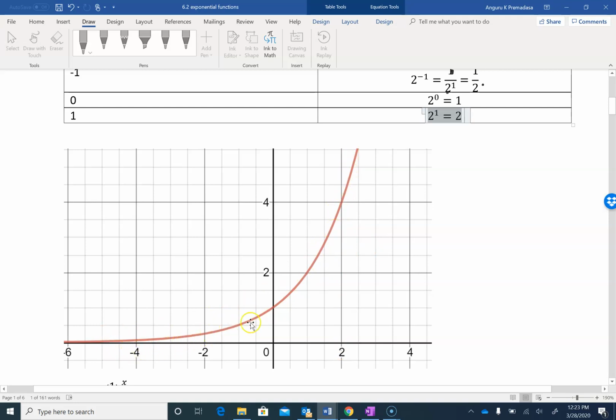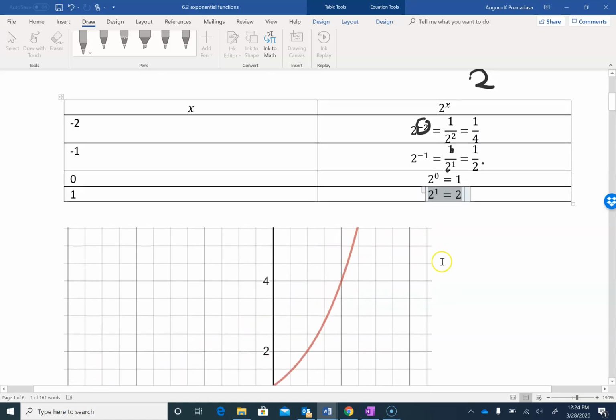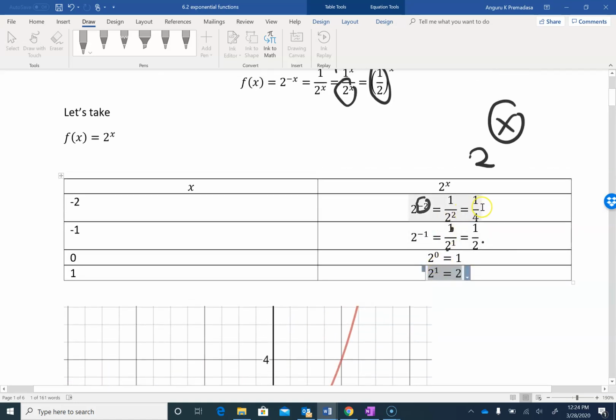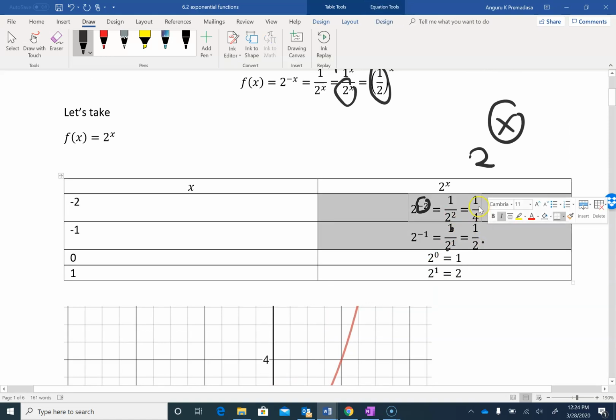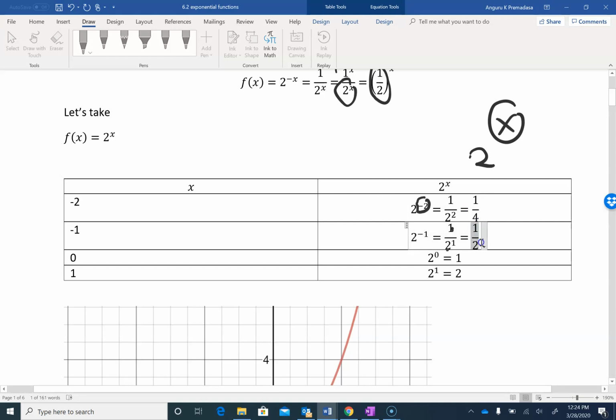It starts slowly, and the other thing is if you look at the quotient between any two of these places. Between 1/4 and 1/2, well, it's actually multiplied by 2, right? So 1/4 is multiplied by 2 to get to 1/2, 1/2 is multiplied by 2 to get to 1, and 1 is multiplied by 2 to get to 2.